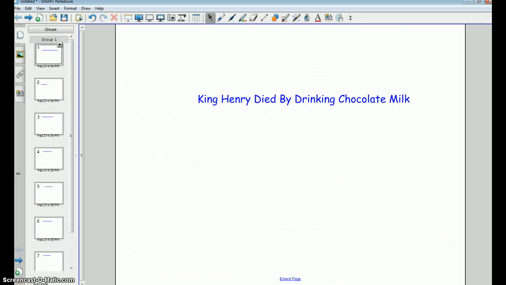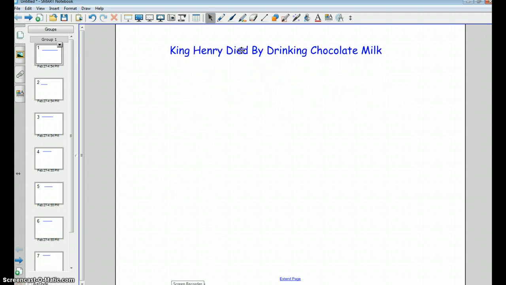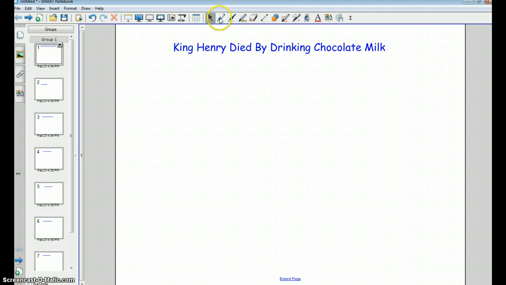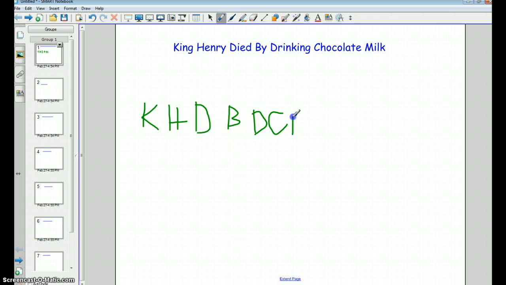Okay, so now after we've looked at the meanings of all these different ones, we're going to be deciding how to solve. And every time I solve, I need to keep this sentence in mind. King Henry died by drinking chocolate milk. And I don't need to write down the whole thing. I just need my K, H, D, B, D, C, and M. I just need the first letter of each word.